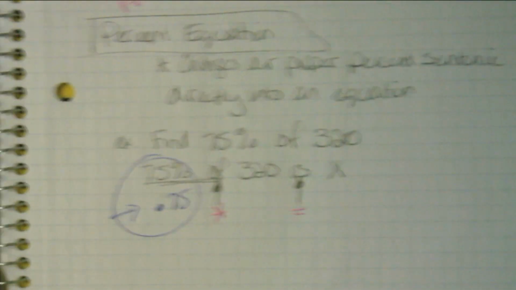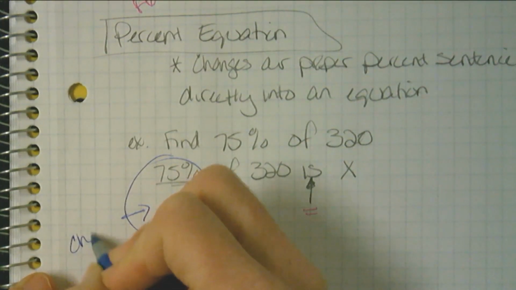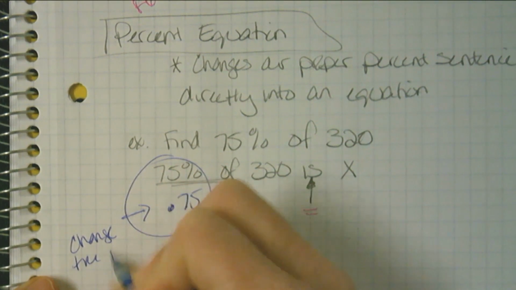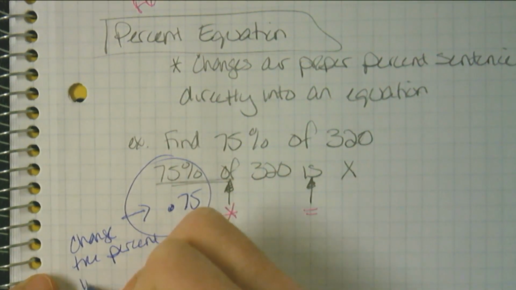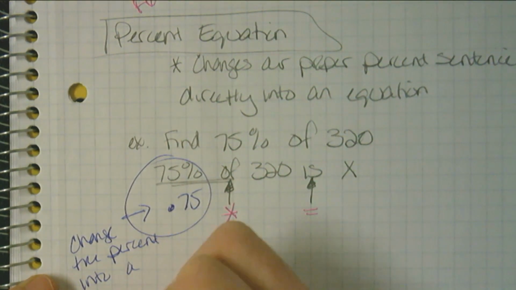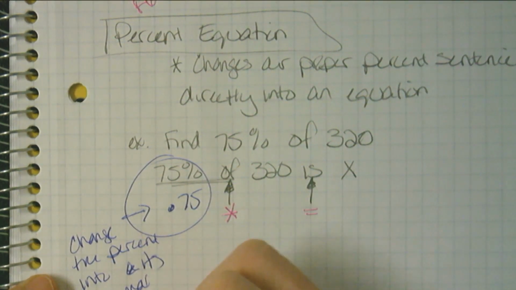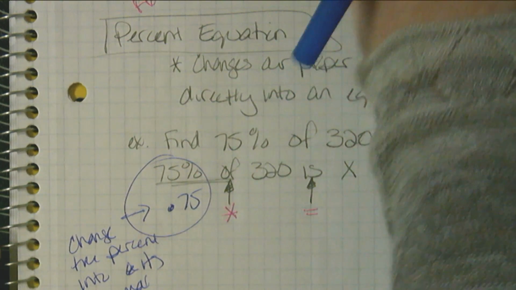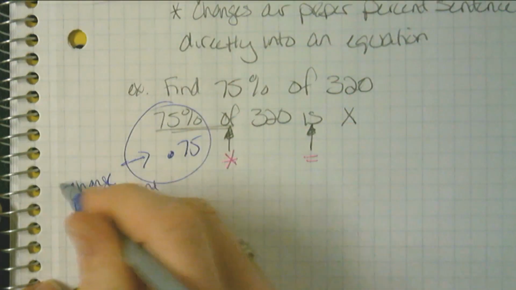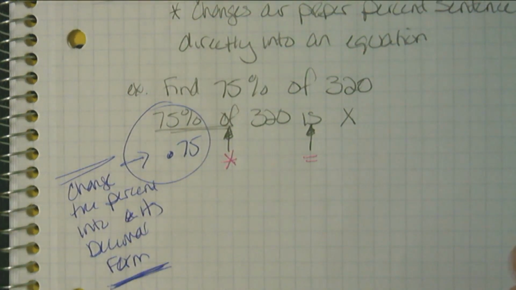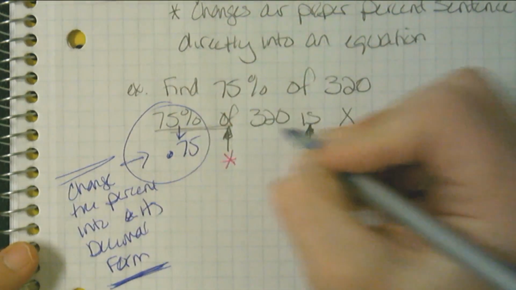Let me put a little note here. In our percent equation, we change the percent into its decimal form. In proportions, we change that percentage into its fraction form. In percent equation, we change it into its decimal form. And we literally drop everything straight down.